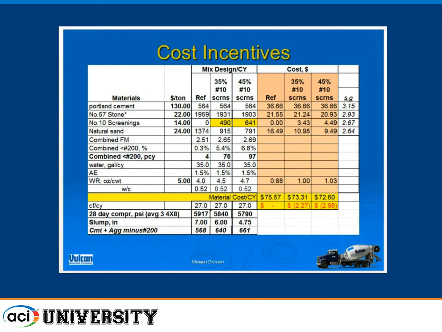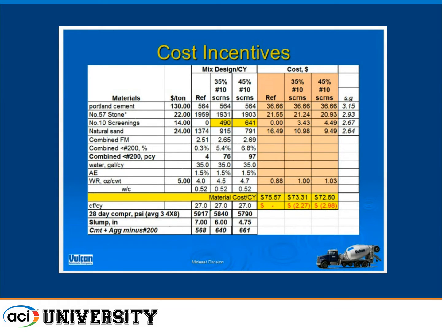With this 35% number 10 screening, the cost savings is $2.27, and then 45% gets up to about $3. Obviously all this saving is going to change tremendously depending on what you pay for natural sand. I would say in the Washington, D.C. area, $24 a ton for natural sand is pretty high, and that's not the highest we pay. A lot of it is because we're a little further away from the ocean, and the trucking cost is pretty tremendous. So that's that.